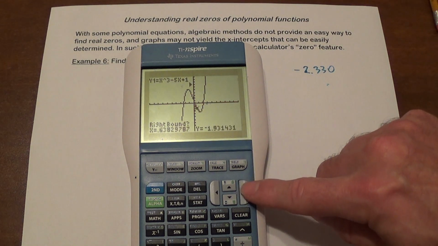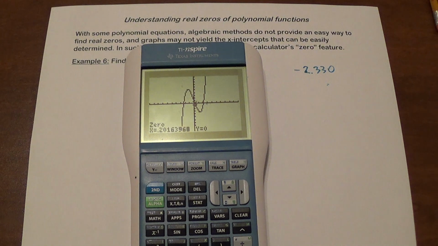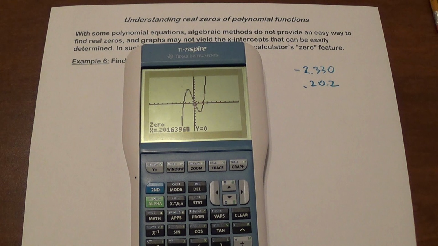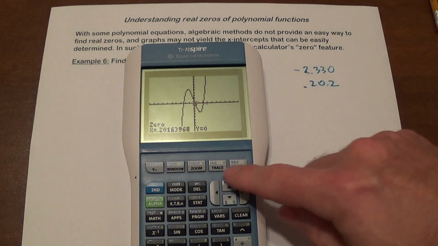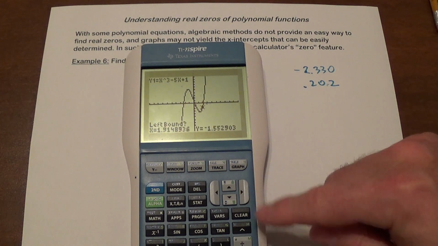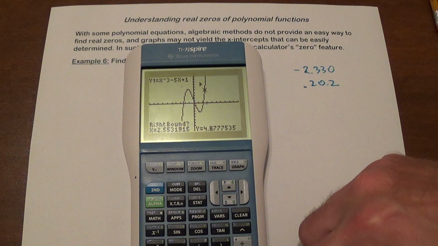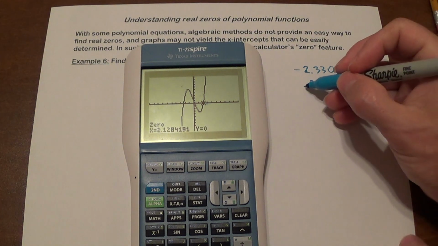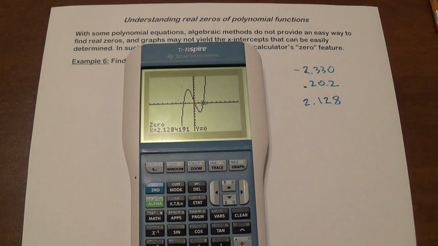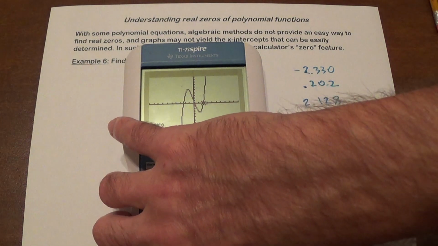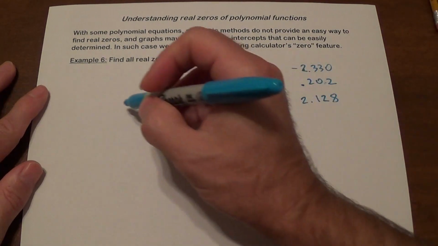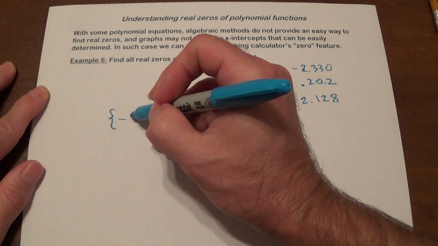Go to the right of that point somewhere here, and our next point is going to be 0.202, and we're going to do it again for the third point, 0, and we are going to get 2.128. Okay. So graphically it can be done too, and then of course the precision will depend on what you are looking for. The more precision you need, the more decimal places you're going to keep.